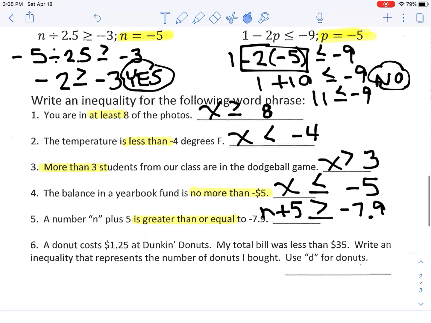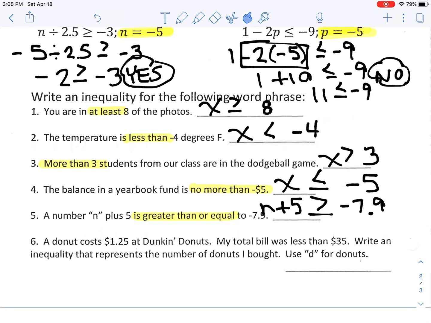Last one. A donut costs $1.25 at Dunkin' Donuts. My total bill was less than $35. Write an inequality that represents the number of donuts that I bought. Use D for donuts. Okay, so I definitely want to use a D for donuts. That's important information.